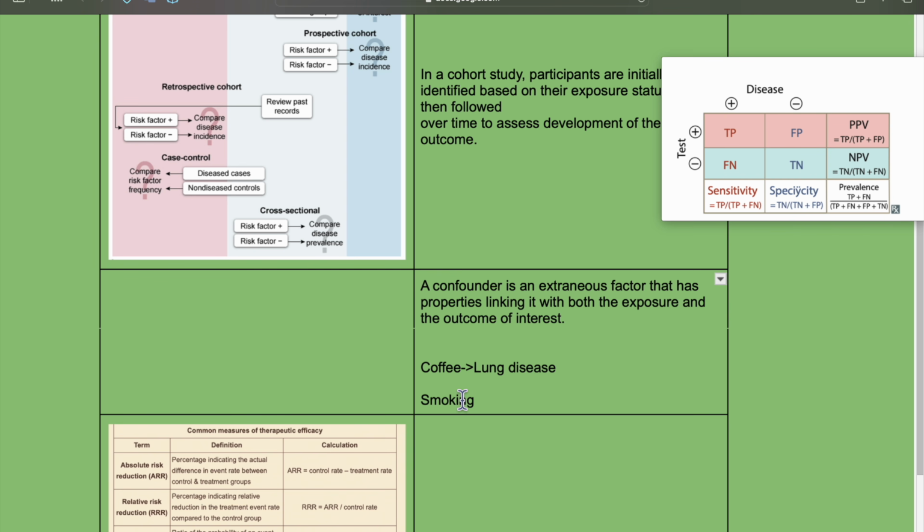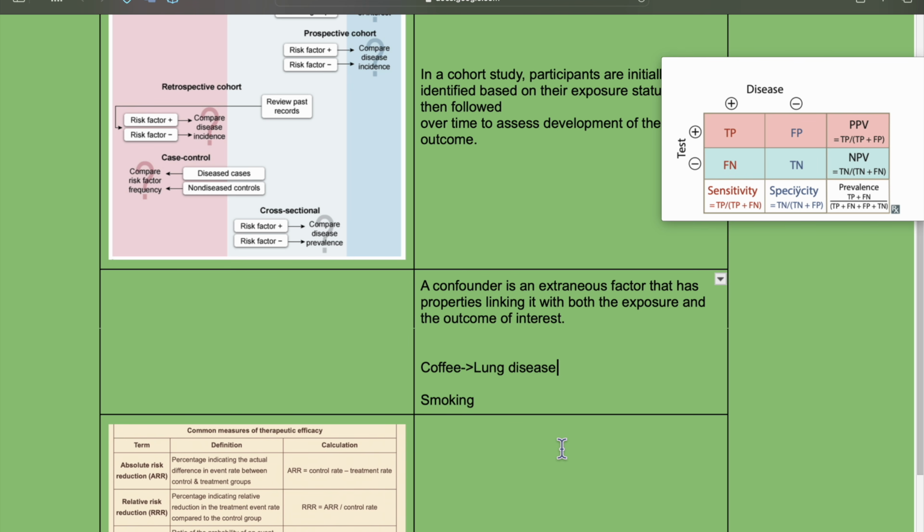And because of smoking, it's going to be related to lung disease. So this is your confounder, right? Smoking is related to coffee. It's related to the outcome as well. So when you have a confounder, it has to be related to the exposure and it has to be related to the outcome. Okay, so smoking is that.